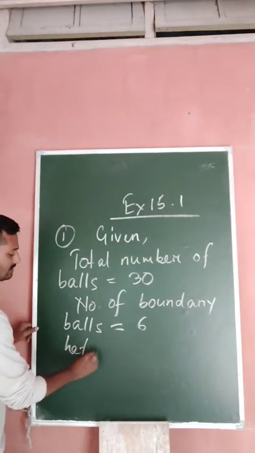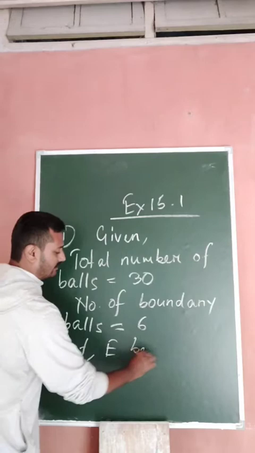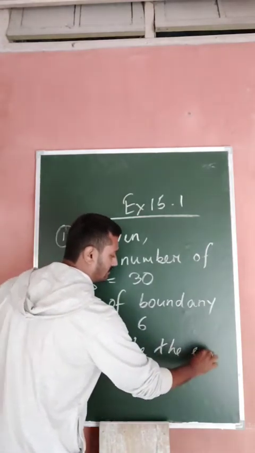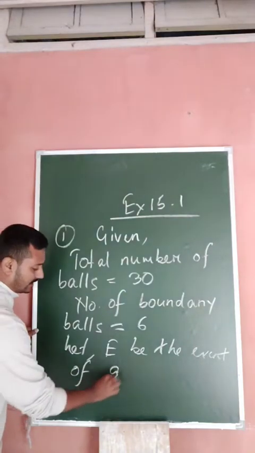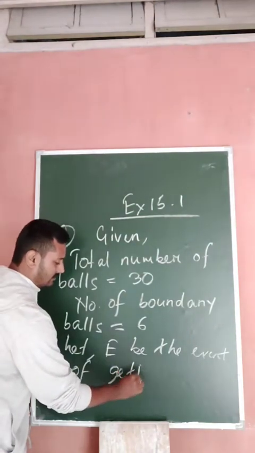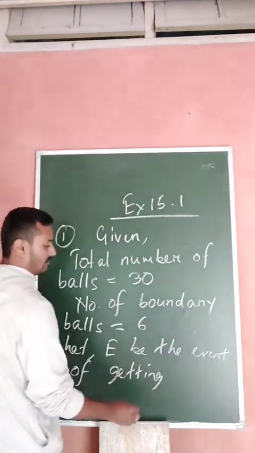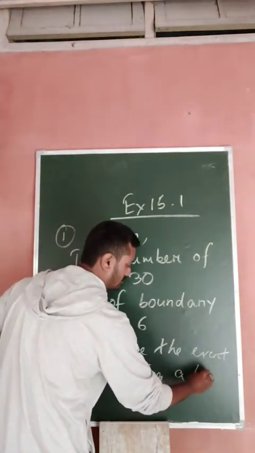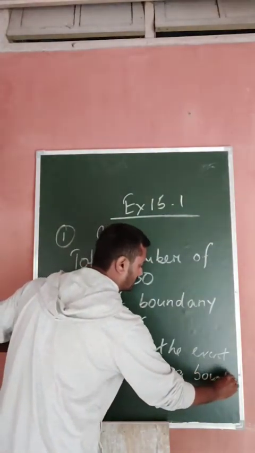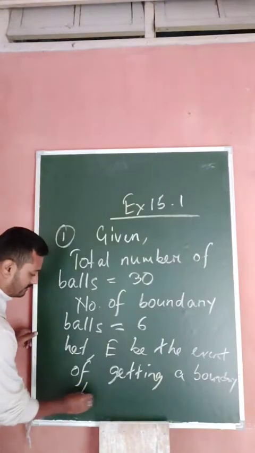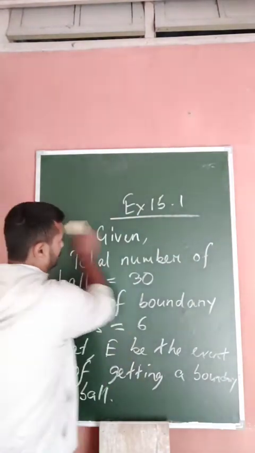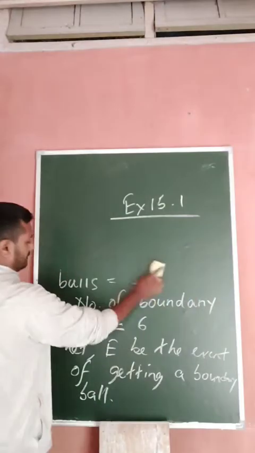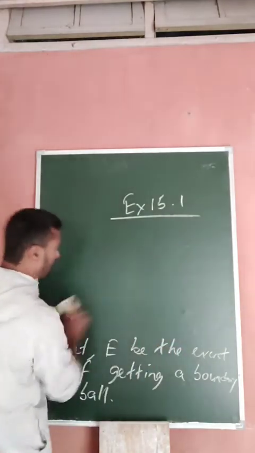Let E be the event of getting a boundary ball. Suppose you consider that E is the event of hitting a boundary ball.